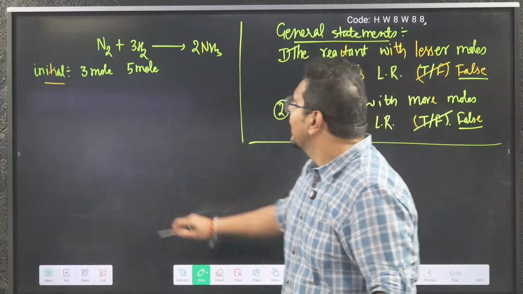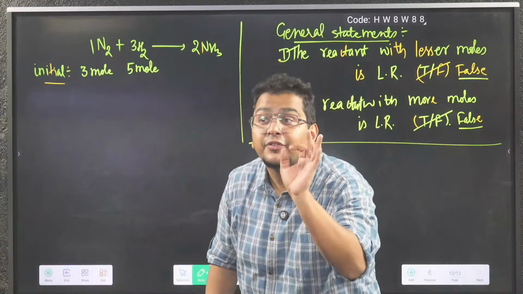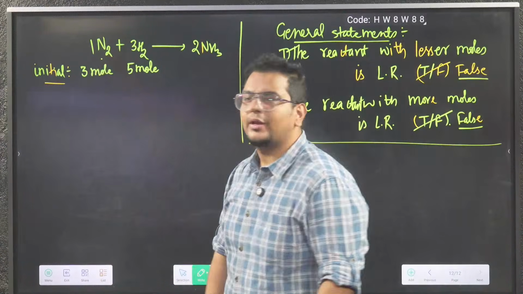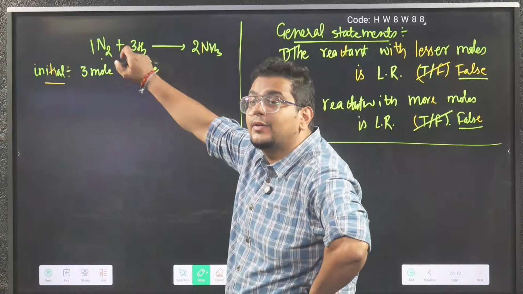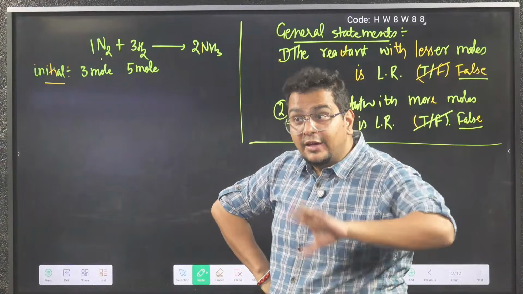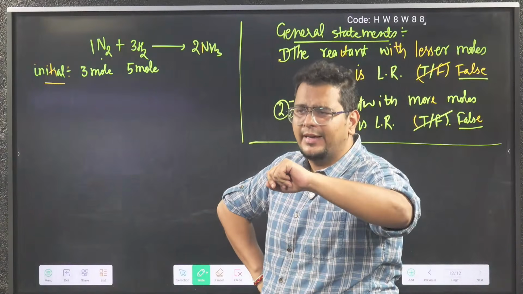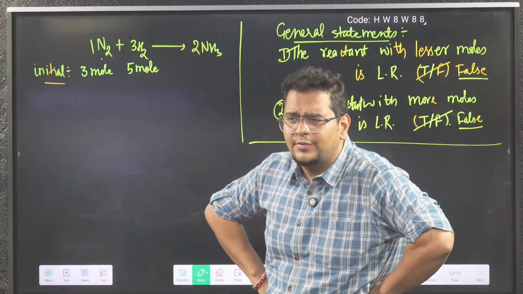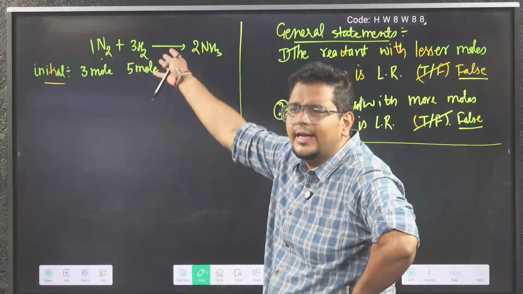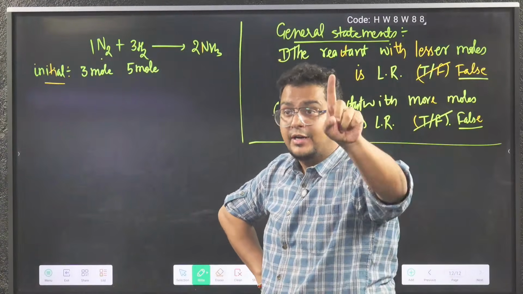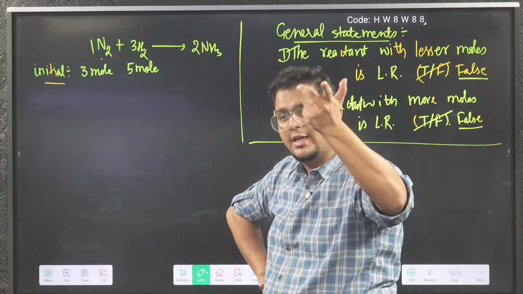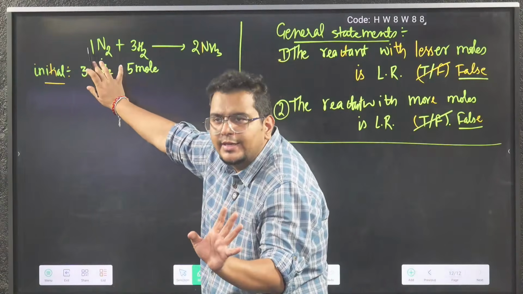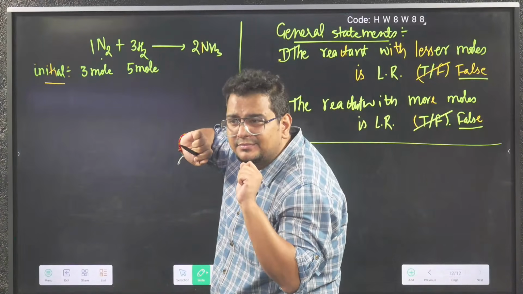Look, if 1 mole nitrogen reacts, then how many moles of hydrogen will react in this reaction? If 1 mole nitrogen reacts, then 3 moles hydrogen react.